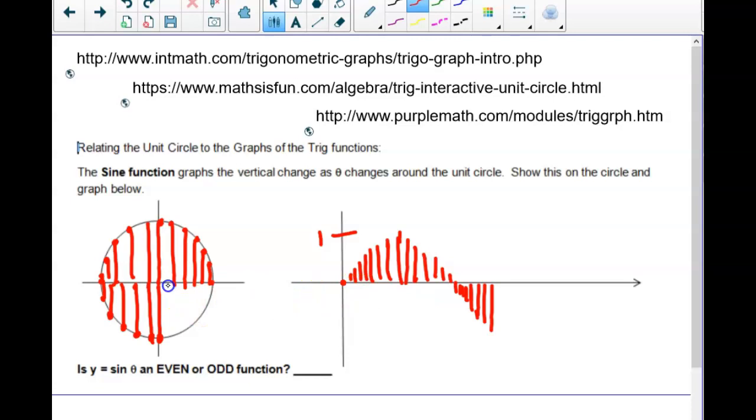And then as we go over into this quadrant, they're doing the same exact thing, except they're getting a little bit shorter, okay?